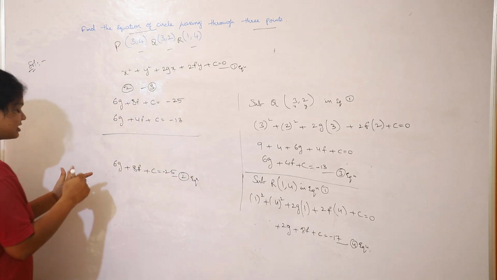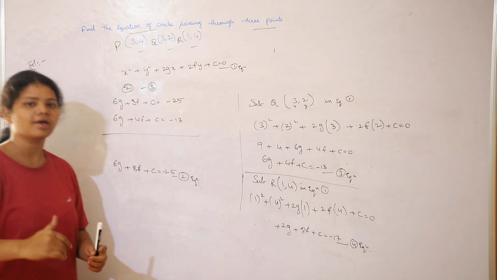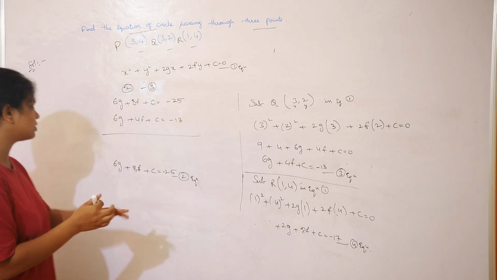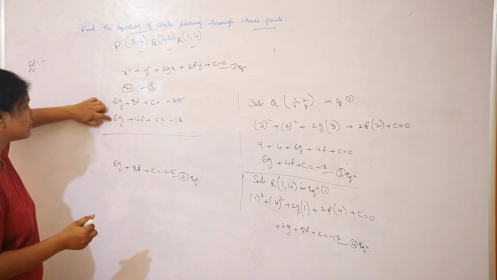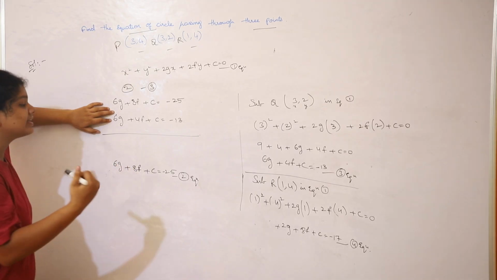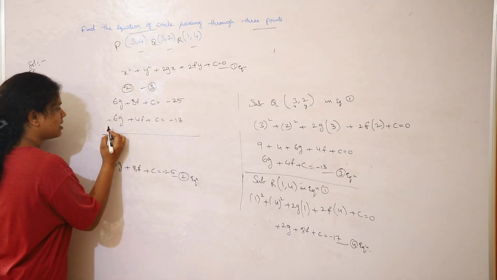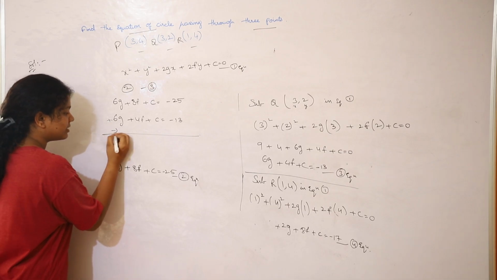Guys, when you are solving two equations, the sign converts. Here you have a positive sign, and it converts to negative. Where you have a negative sign, it converts to positive.